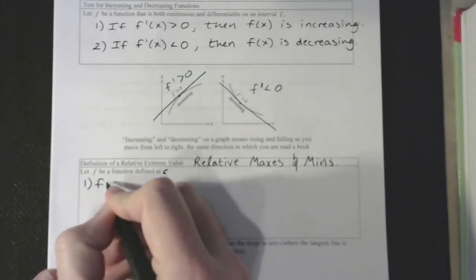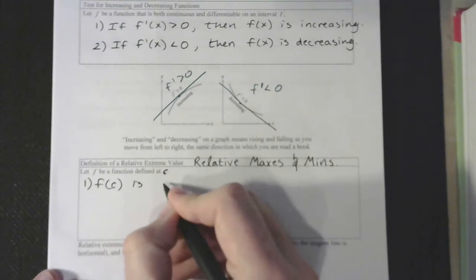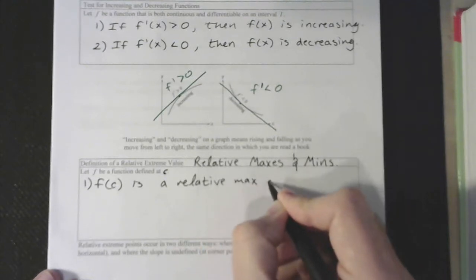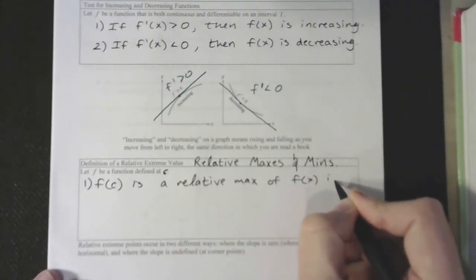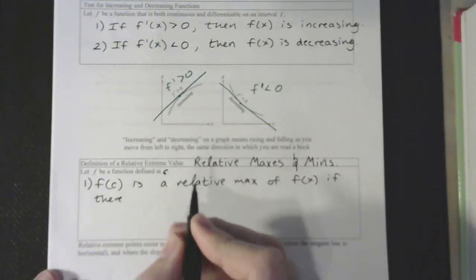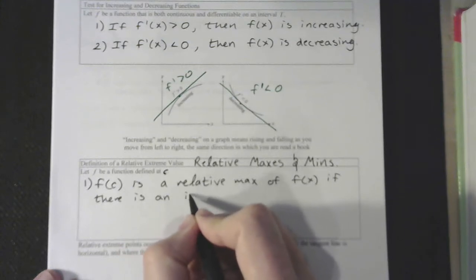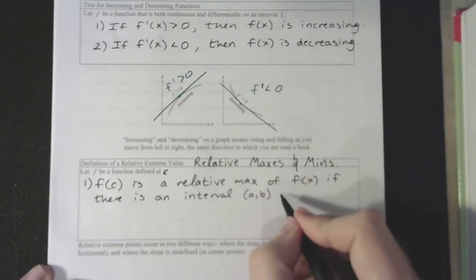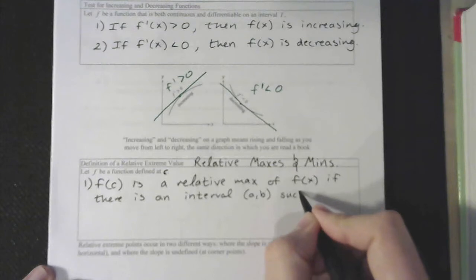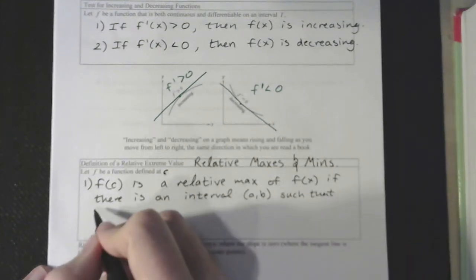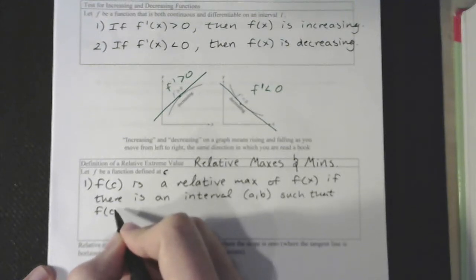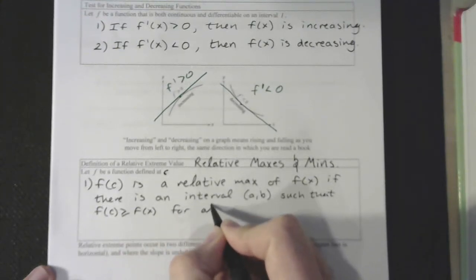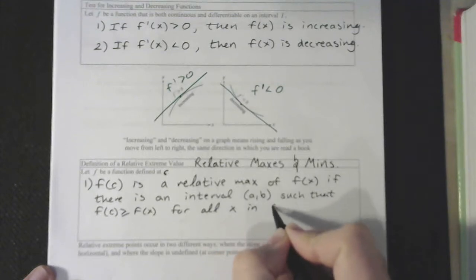So number 1, f of c is a relative max of f of x if there is an interval a to b such that f of c is greater than or equal to f of x for all x in that interval a to b.